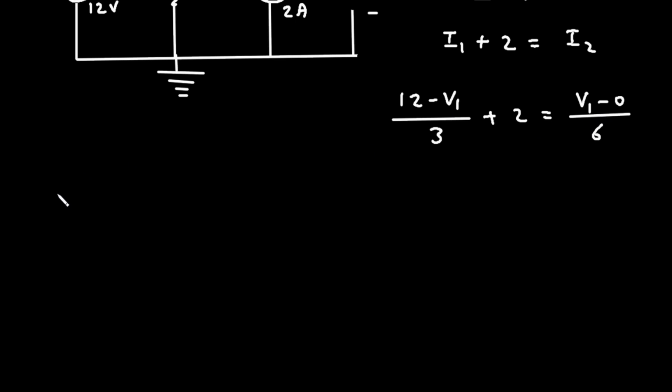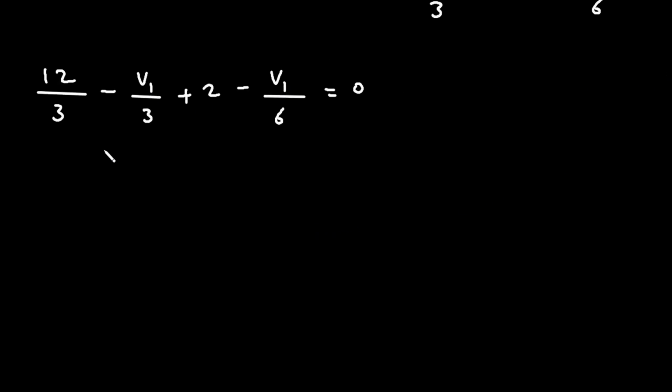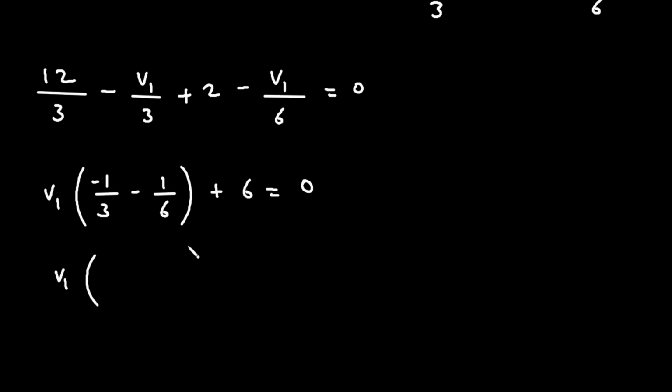So let's find V1. So simplifying this. So 12 by 3 minus V1 divided by 3 plus 2. Now if we take this on left side, so it will be minus V1 by 6 is equal to 0. We can take V1 common. So V1 in bracket minus 1 by 3 minus 1 by 6, and this will be 4 plus 2, so 4 plus 2 is 6, is equal to 0. So V1 in bracket, let's solve this.